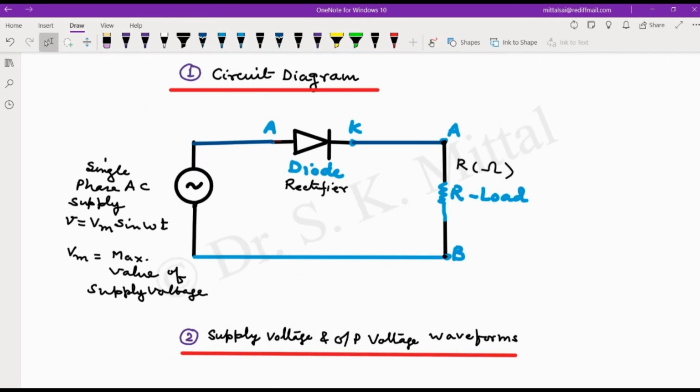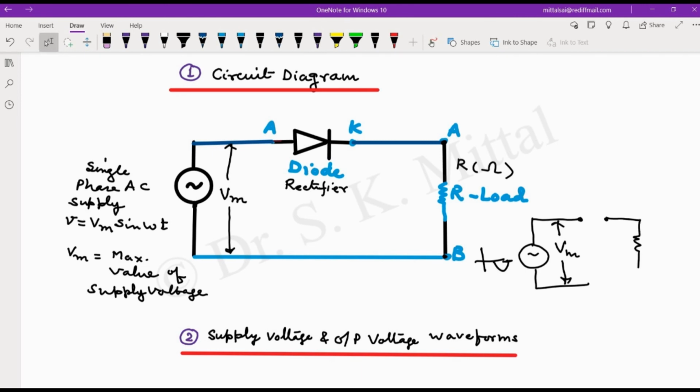Now see the circuit diagram. This is the circuit diagram, and here if the supply voltage is represented by V equal to Vm sin omega t, then the maximum value will be Vm. For this circuit, the diode is reverse biased under the negative half.